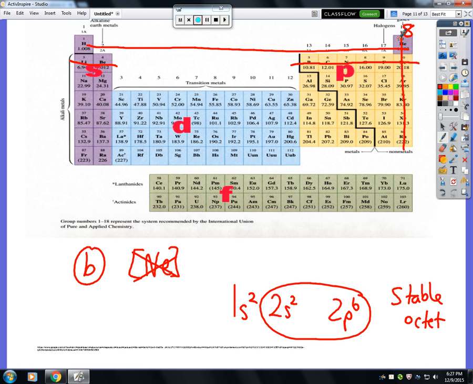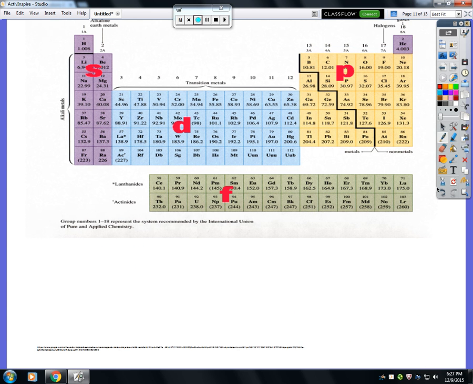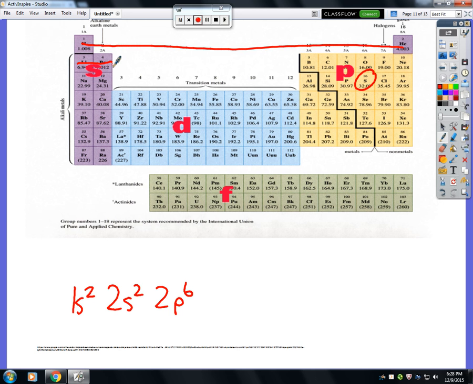So if you look, what do I have here for sulfur? Sulfur is right here. So I need to fill the whole first energy level, the whole second energy level, right? 1s2, 2s2, 2p6. Then I need to go to the third energy level, to the 3 s's.